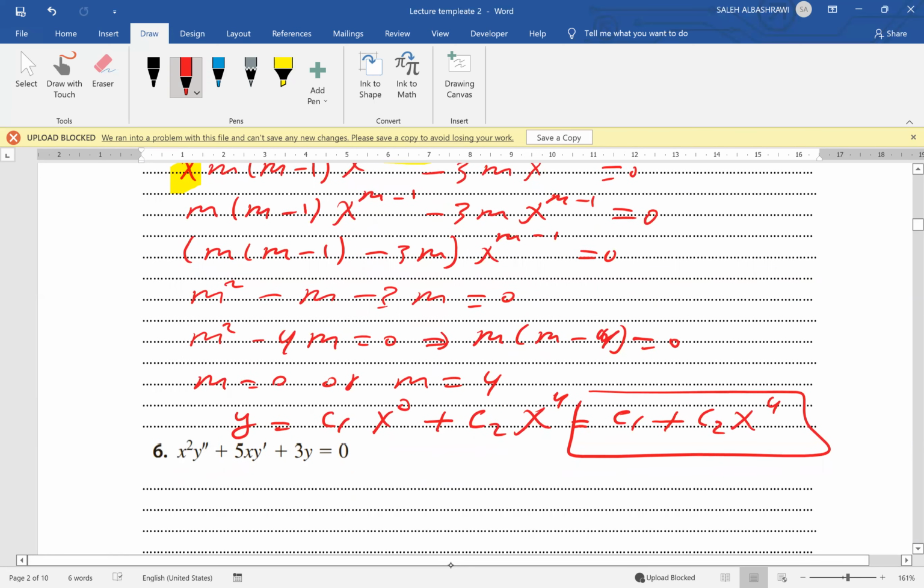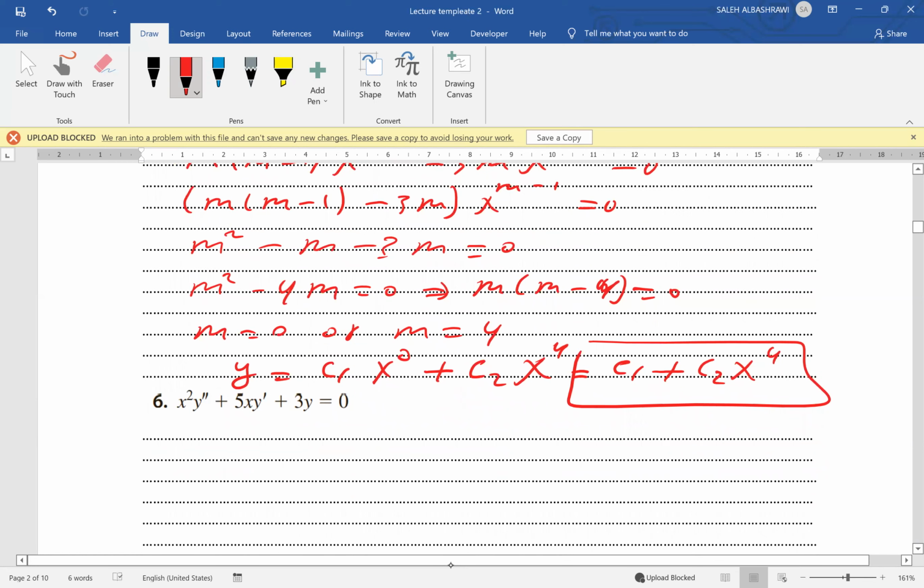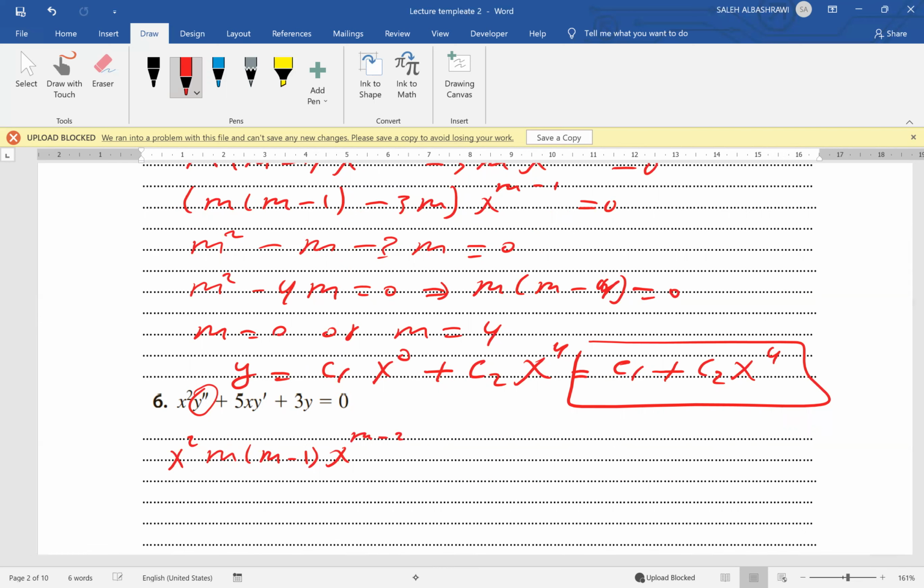For the next example, I have x squared y double prime plus 5x y prime plus 3y. So I can replace now directly. I will have x squared times the second derivative of y, which is m multiplied by (m minus 1) x to power m minus 2, plus 5x y prime, which is m multiplied by x to power m minus 1, plus 3x to power m equal to 0.